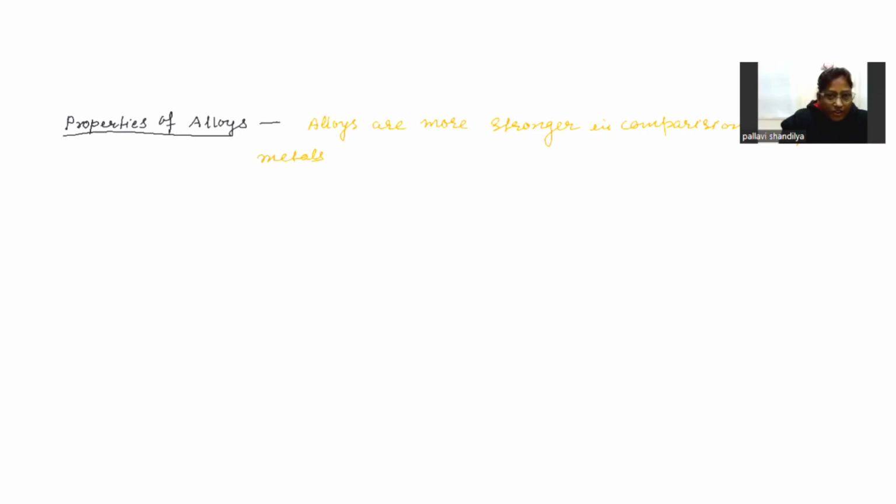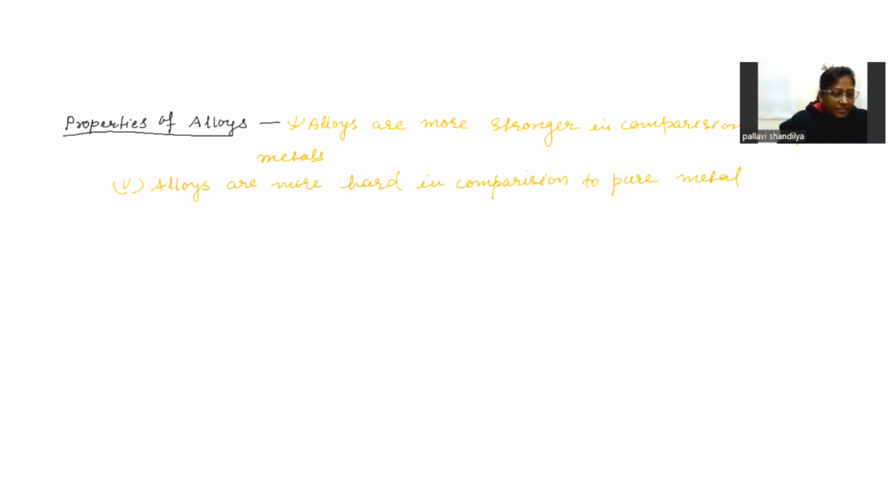The next, that is first property. Second property, alloys are more hard in comparison to pure metal.